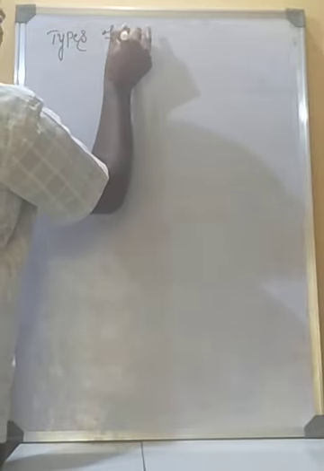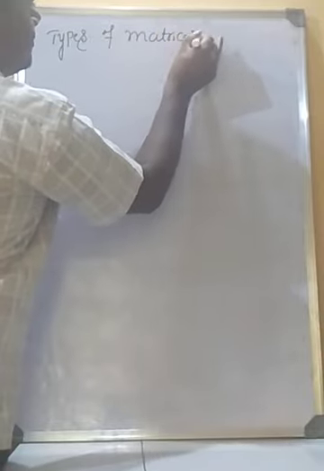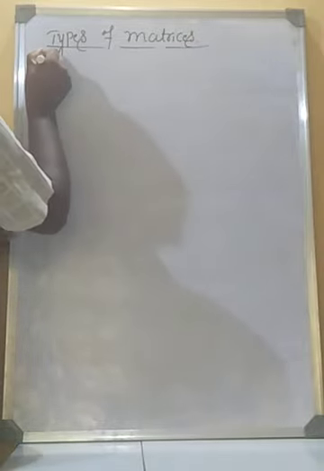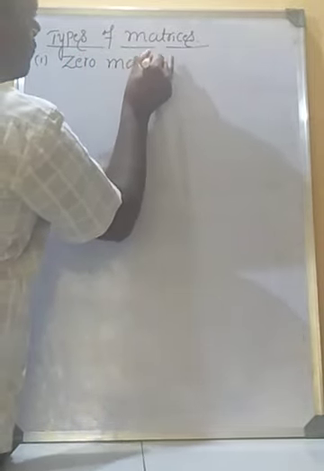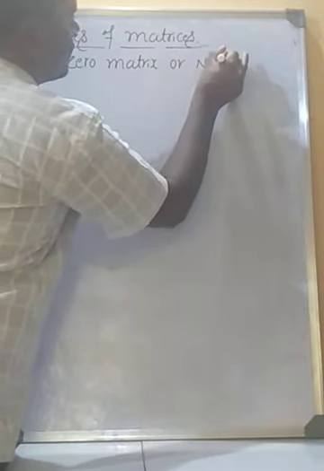The next concept is types of matrices. What are the types of matrices? One is the zero matrix or null matrix.